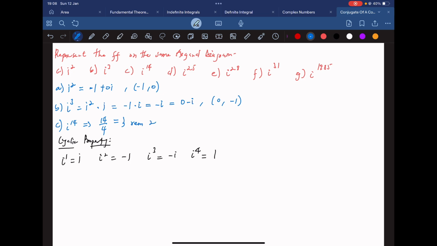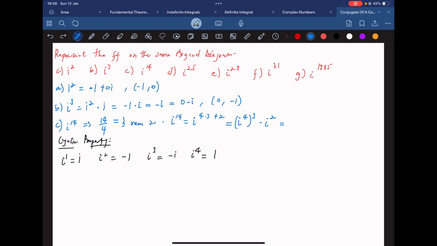So we can represent i to the 14th as i exponent of 4 times 3 plus the remainder 2. Now, from indices, this can be represented as i exponent 4, cubed, multiplying i exponent 2. Now in this case, i exponent 4, we know it is equal to 1.